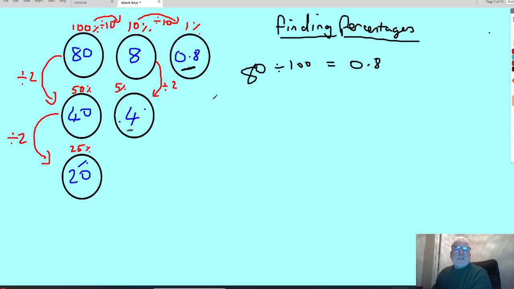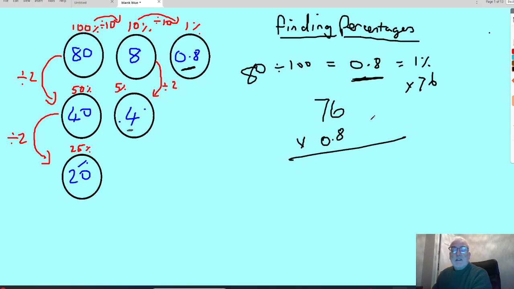Now let's say we wanted 78%. If we wanted 78% of this, instead of listing down all the different variables that I need to get to 78, I could just take my 1% and I could just multiply it by 78.